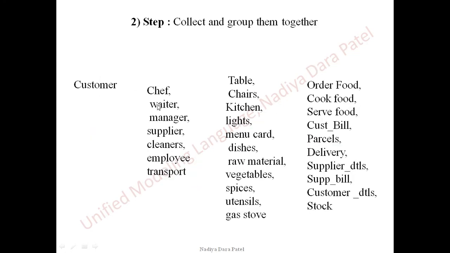I found customer, chef, waiter, manager, supplier, cleaners and employee. So these are my actors. By far these are my actors, and the basic definition told us that an actor is something or someone. Further, I got the grouping.